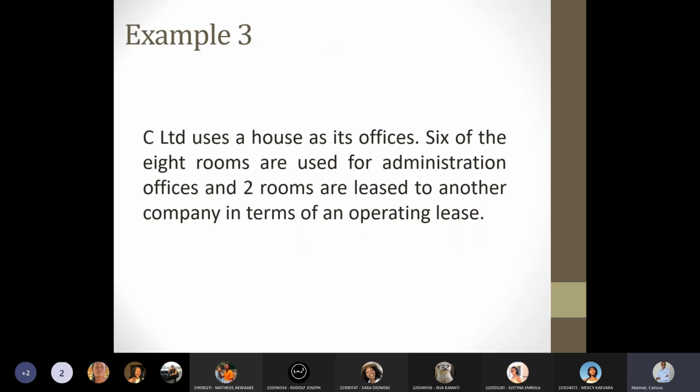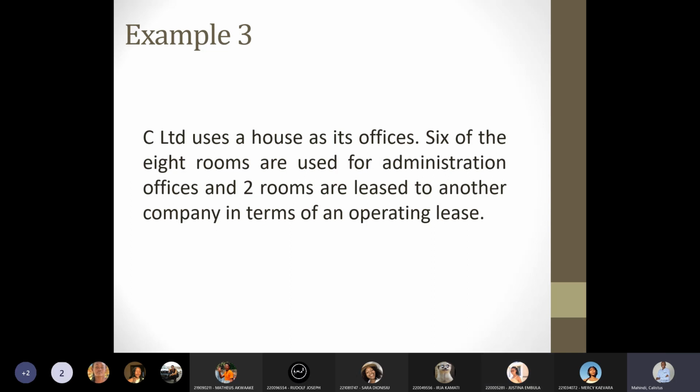Okay, let's look at example 3. C Limited uses a house as its offices. 6 of the 8 rooms are used for administrative offices, and 2 rooms are leased out to another company in terms of an operating lease. So think of it like you have an 8-bedroom house, and 6 of the rooms are used by you and your family, and then you rent out 2 rooms.